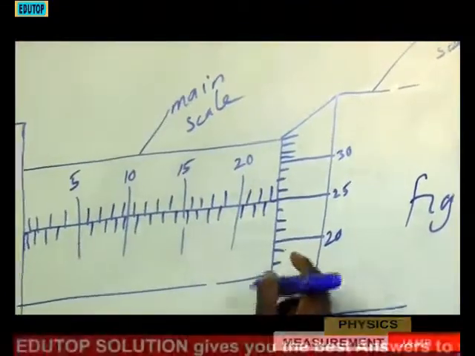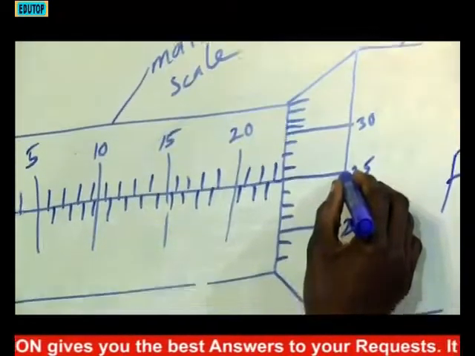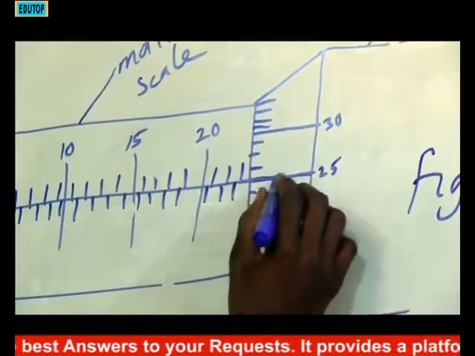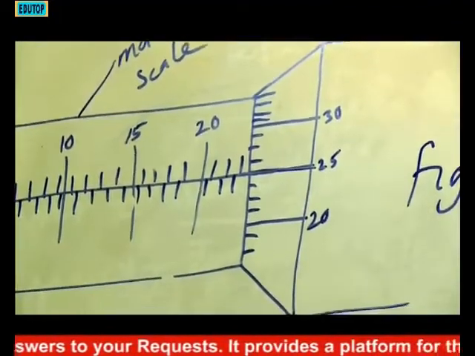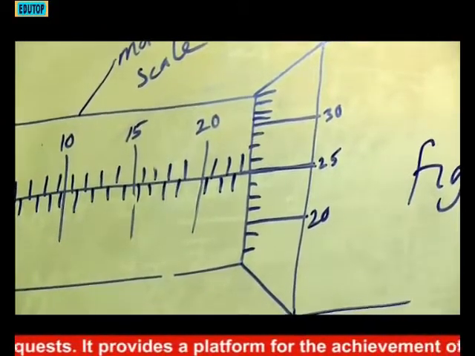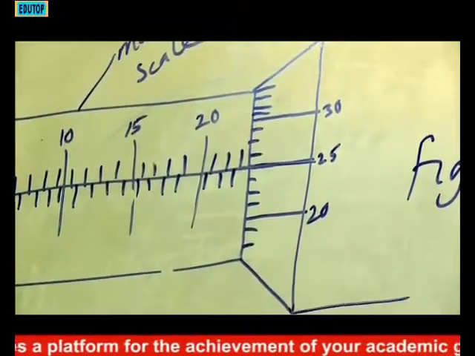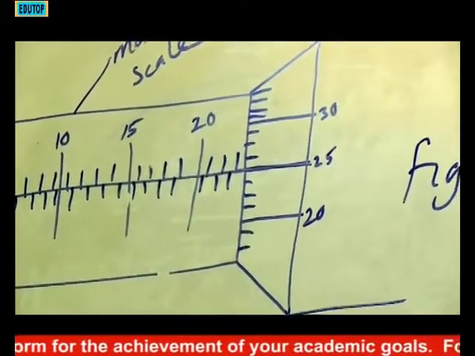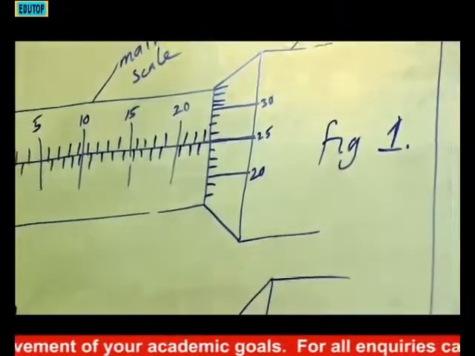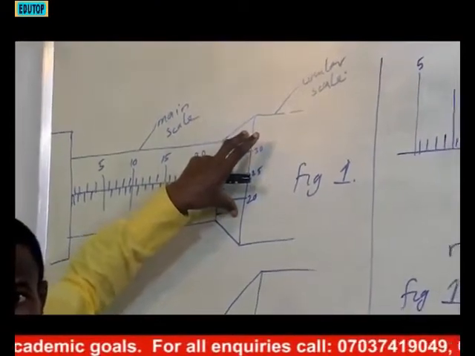So from this point, this is 20, 25, where this one coincides with this, automatically we are having 25 for the circular scale. But you remember that this one is divided into 50 divisions.